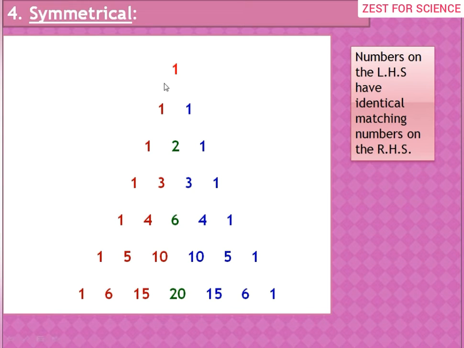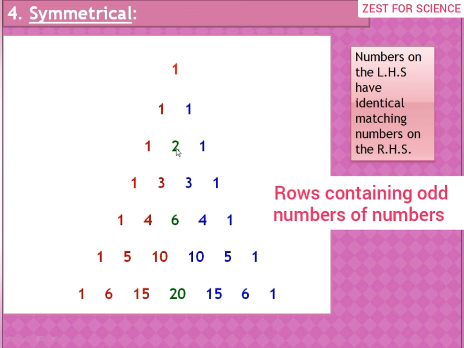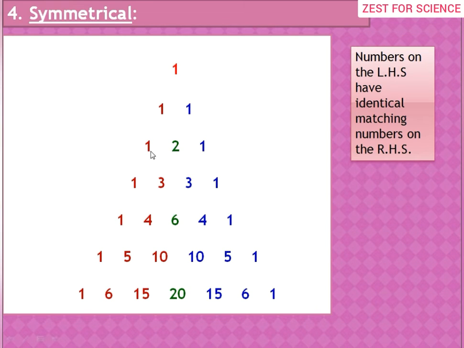Actually, the triangle is symmetrical about the central column. Look at the row where the count of numbers is odd, that is 1, 2, 1. Here the central number is 2 and both sides of it have similar numbers. And in case of the rows which have an even count of numbers, they are symmetrical also about the central column.